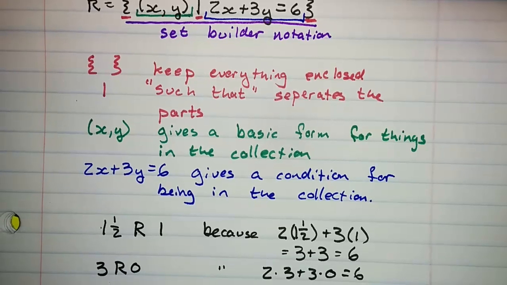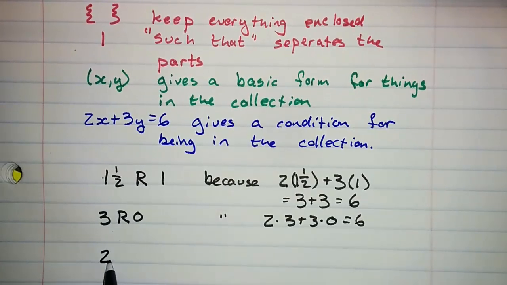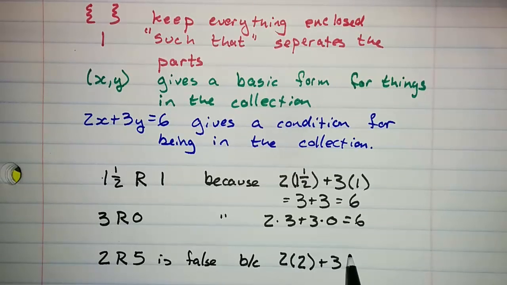We could also say, for example, that 2R5 is false. Why? Because 2 times x plus 3 times y, well, that works out to 19, which is not 6.